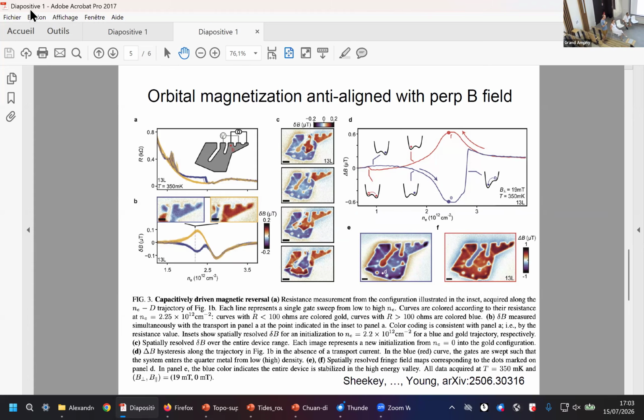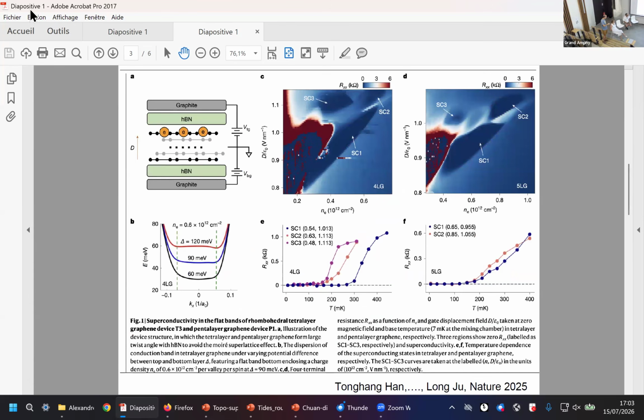Yeah, but I think apparently there is a trick in order to favor this quantum anomalous Hall. Here I think they specify that indeed they don't align at all with the hBN.